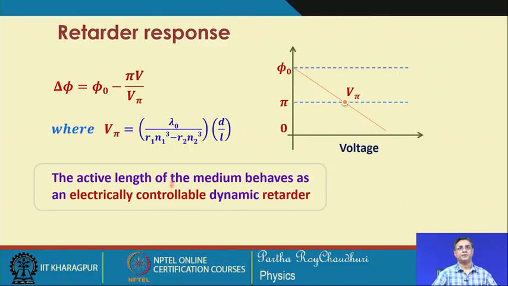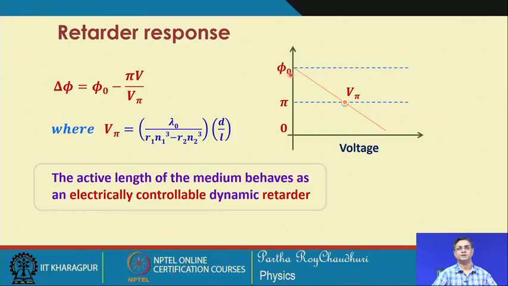Okay. So, the response of this, because you have a static birefringence sitting here. So, when the applied voltage is 0, you get the phase delay phi 0, which is equal to this, but as the voltage increases, this will take away from phi 0 to get the net effective phase delay.